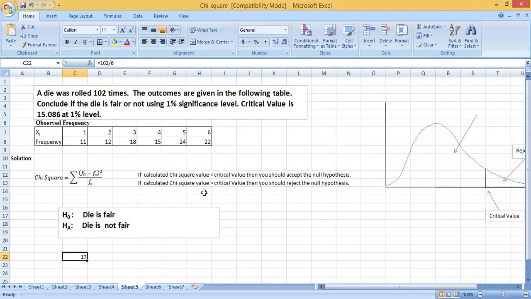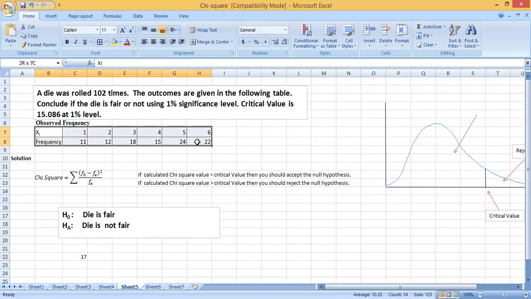That is the expected value. Out of 102 times, 1 will appear 17 times. It is expected because it is the total number multiplied by the probability of that number. Okay, so 17 is the expected value.